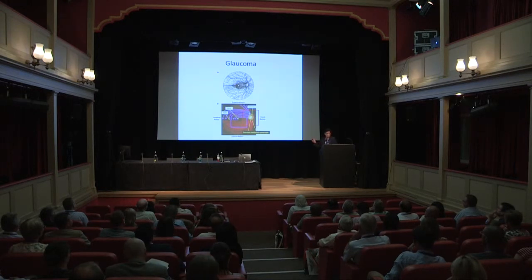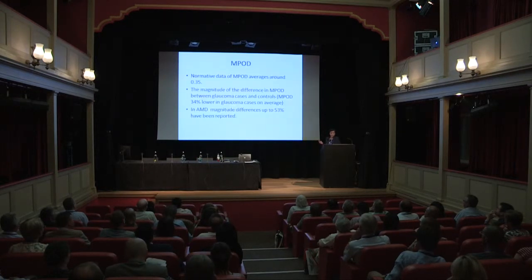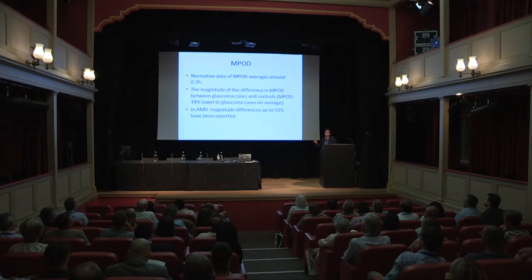There was one paper, and it showed that macular pigments, most commonly measured using macular pigment optical density, have normative data averaging about 0.35. In glaucoma cases versus controls, the macular pigment optical density was 34% lower in glaucoma than controls.